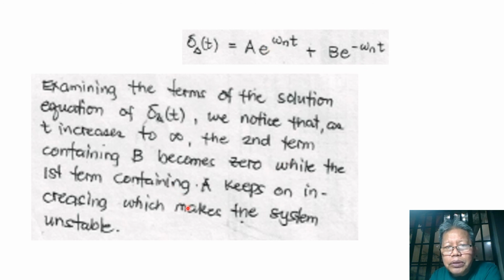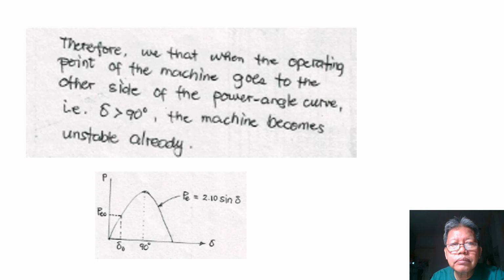Our generator therefore will be operating in an unstable condition. Therefore we see that when the operating point of the machine goes to the other side of the power angle curve, that is delta greater than 90 degrees, or when the synchronizing power is negative at this side of the curve, then the machine becomes unstable already.